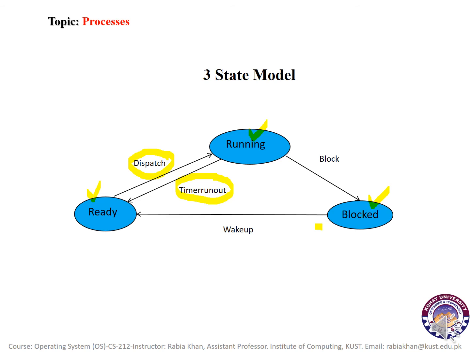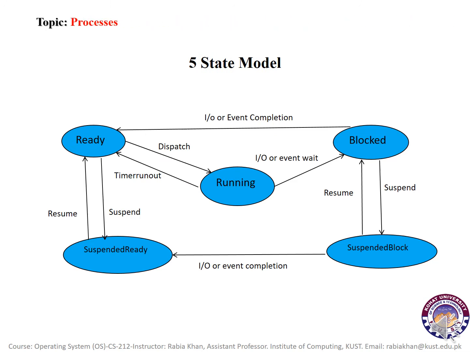Now let's proceed to the next state transition diagram. After discussing the three-state model, we now have a five-state model. You can see this is the three-state model we have already discussed.